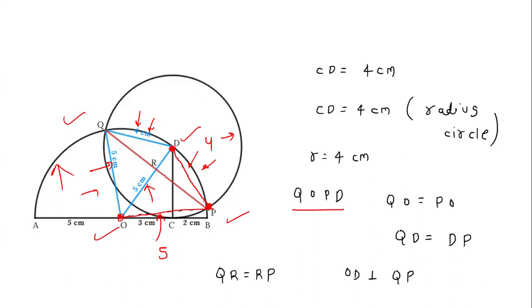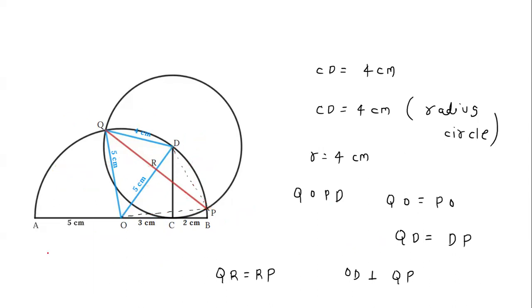The figure is symmetric about this line OD. So this angle is 90 degrees and QR is the same as PR. So QR is equal to RP and OD is perpendicular to QP.